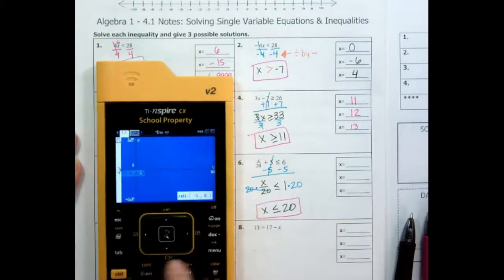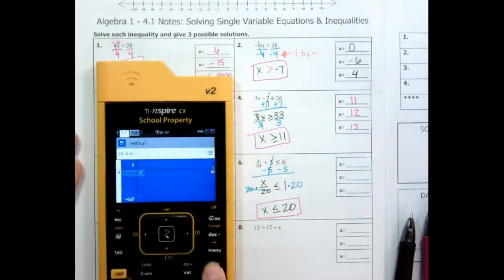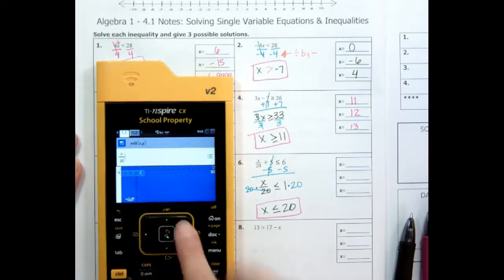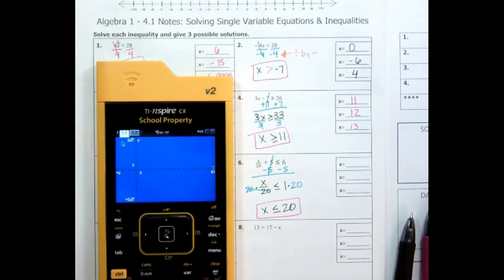If I want to check that, I'm going to put in a fraction bar. So x over 20, make sure your arrow over, plus 5 is less than or equal to 6. The whole thing's shaded.